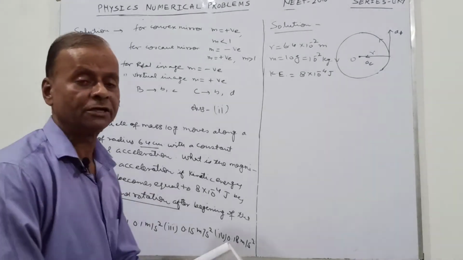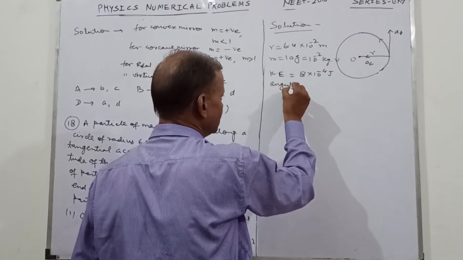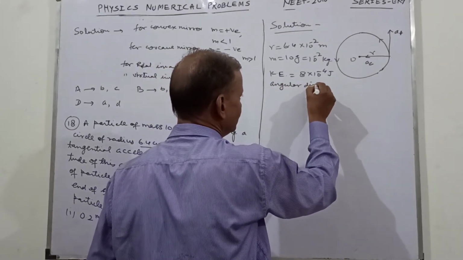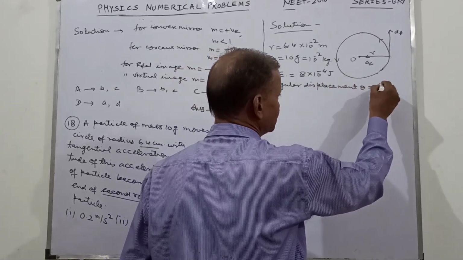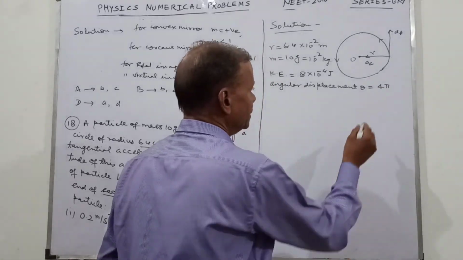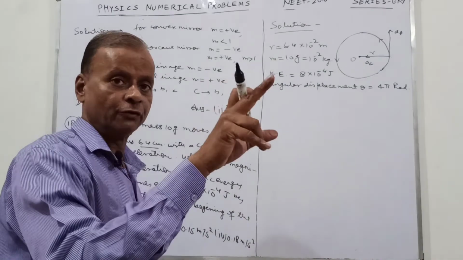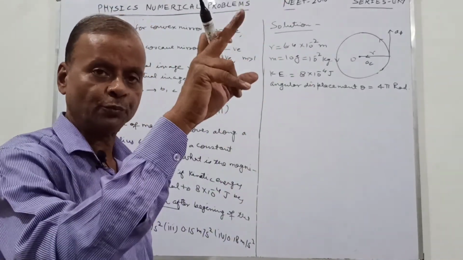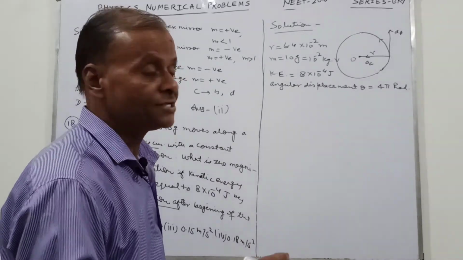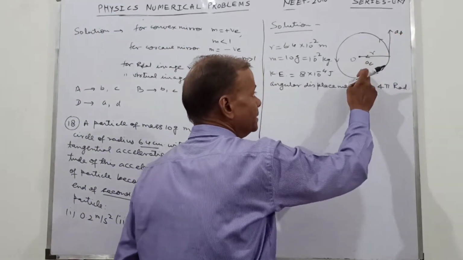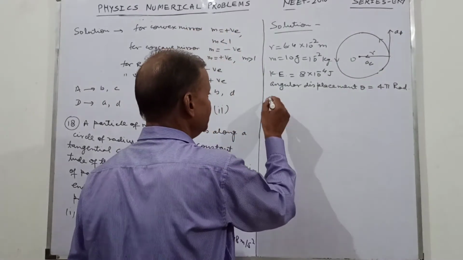It means this is the angular displacement theta, which is equal to 4 pi radian. Two rotations: in one rotation 2 pi, in the second rotation 2 pi. So the total is 4 pi. You have to find the tangential acceleration, not the centripetal acceleration.